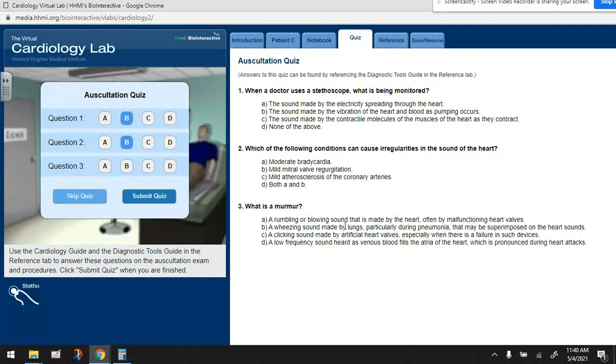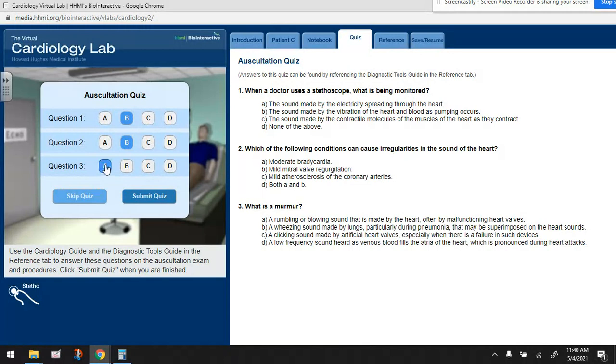A, a rumbling or blowing sound that is made by the heart, often by malfunctioning heart valves. B, a wheezing sound made by the lungs, particularly during pneumonia, that may be superimposed over the heart sounds. C, a clicking sound made by the artificial heart valves, especially when there's a failure in such devices. Or D, a low frequency sound heard as venous blood fills the atria of the heart, which is pronounced during heart attacks. So let's say we think it's A.